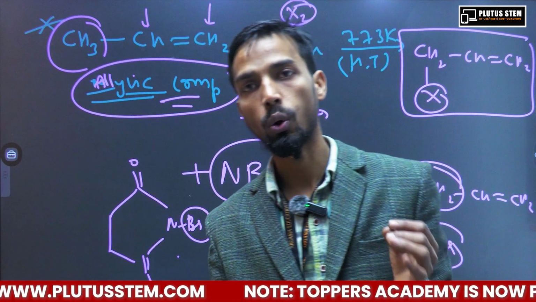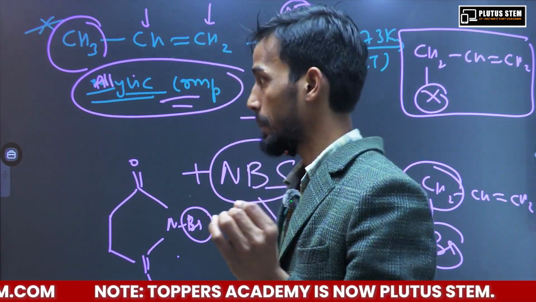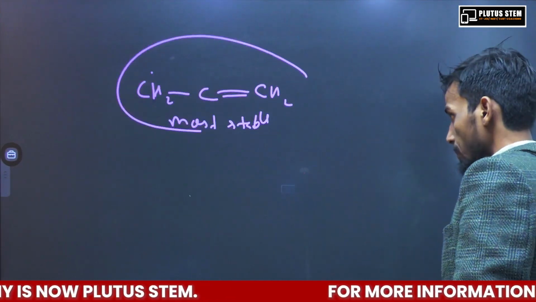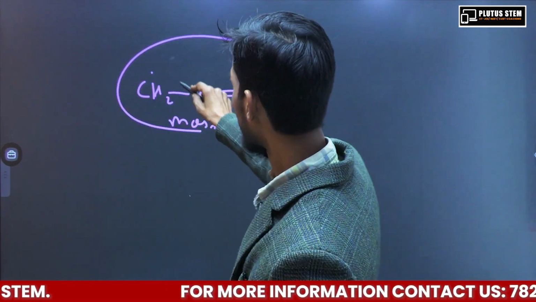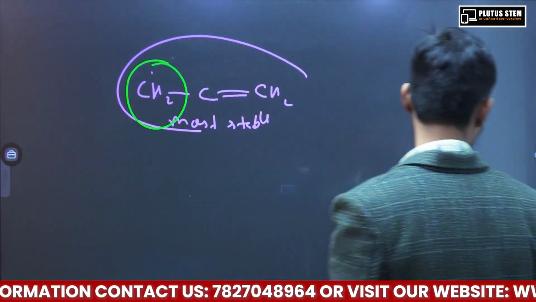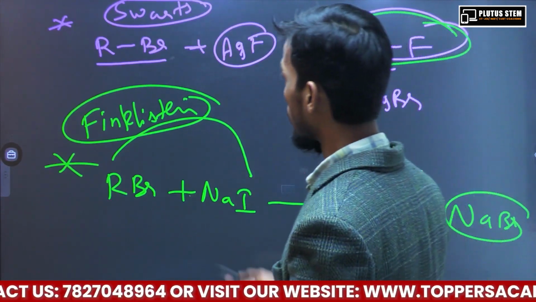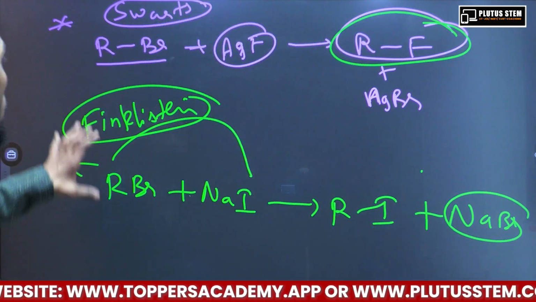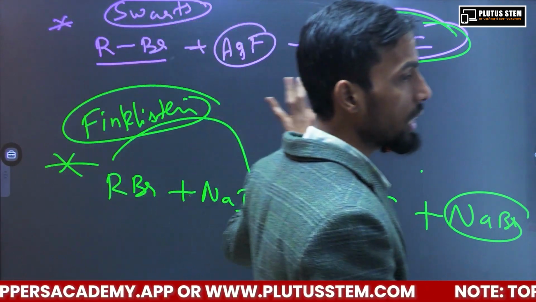All of them are going to give us allylic position substitution. And with NBS, I have shown you that the most stable radical formation is at the allylic position. After that, we have discussed two name reactions, the Swarts reaction and the Finkelstein reaction, in which transmetallation generally takes place.